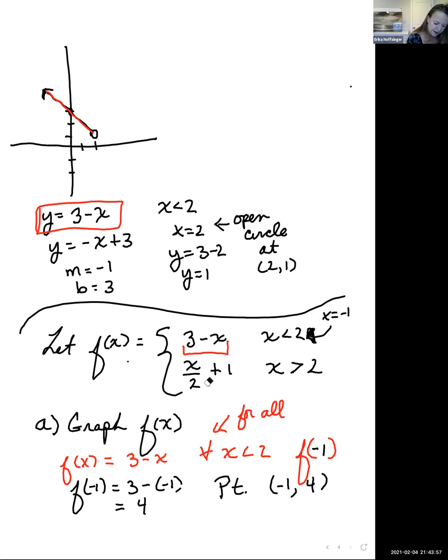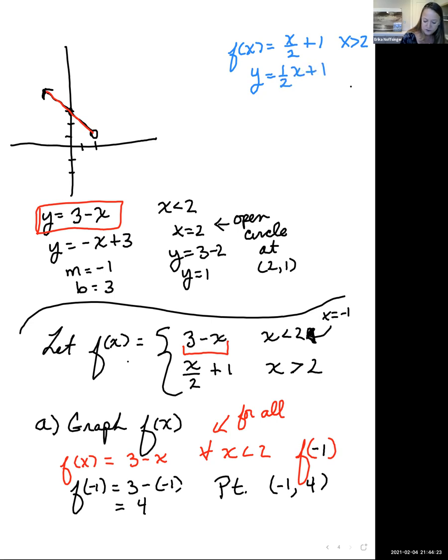So for f of x, we have another equation, x over 2 plus 1. We're using this for x greater than 2. I also notice, again, this is a line. I can write this, if it helps you, as y equals, pulling the 1/2 in front of the x, plus 1.